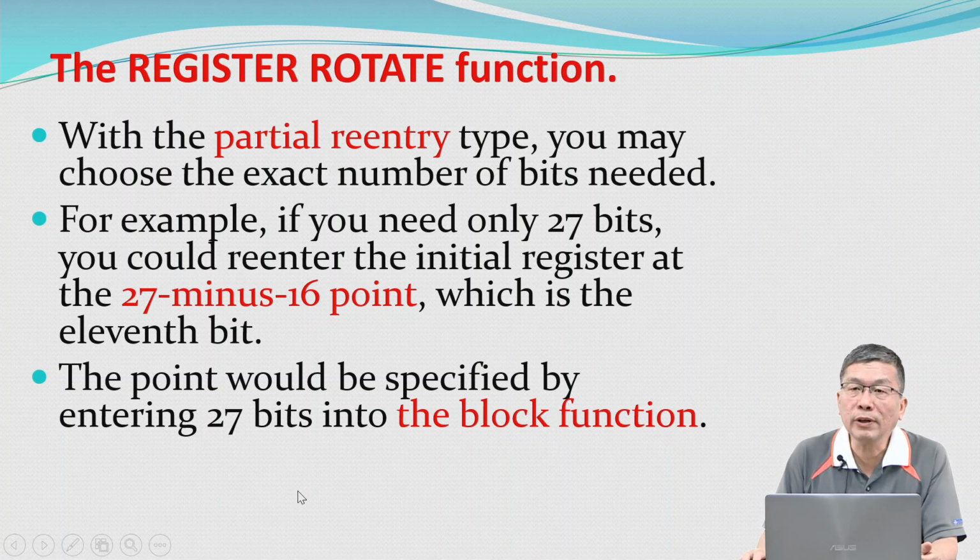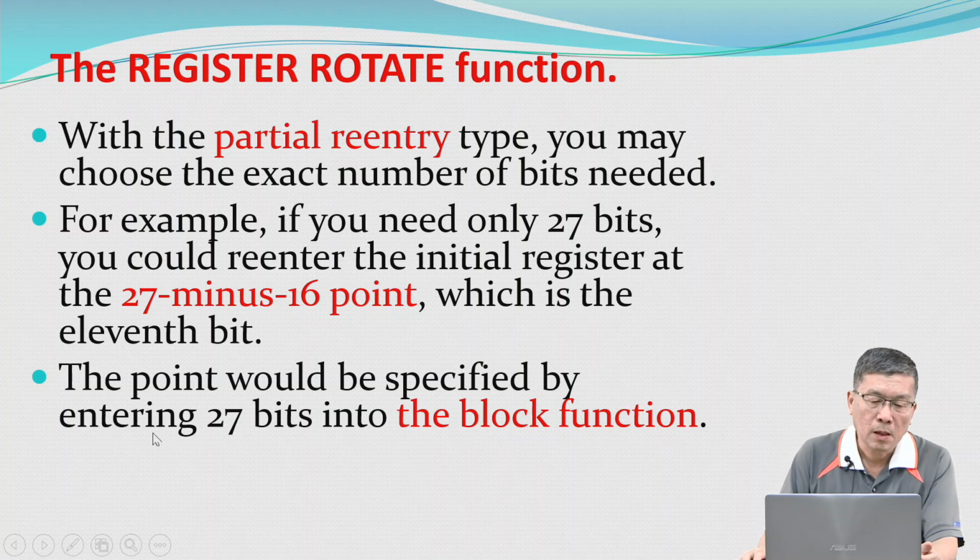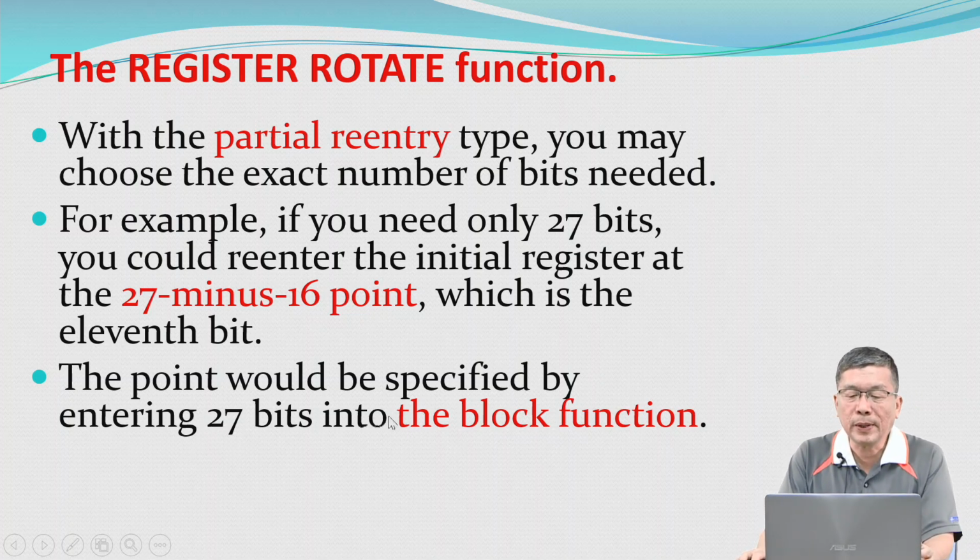With the partial reentry type, you may choose the exact number of bits needed. For example, you need only 27 bits. You could re-enter the initial register at the 27 minus 16 point, which is the 11th bit. The point would be specified by entering 27 bits into the block function.